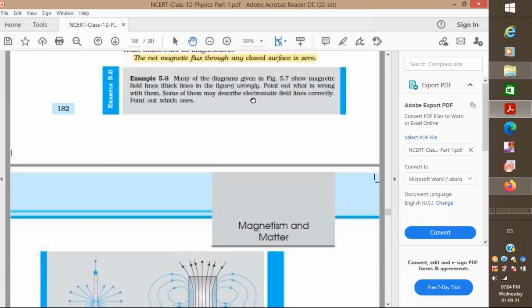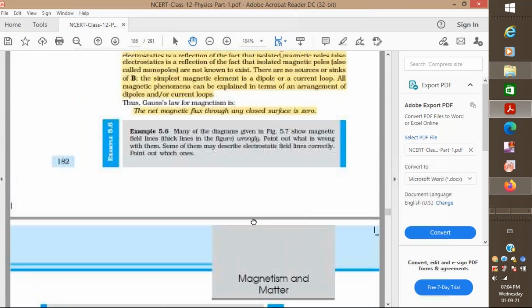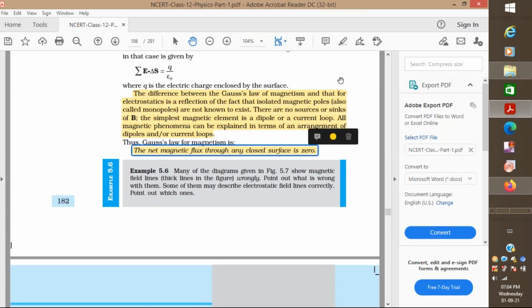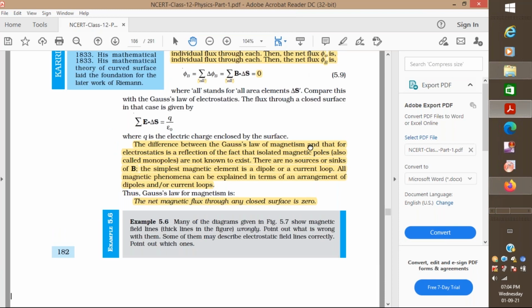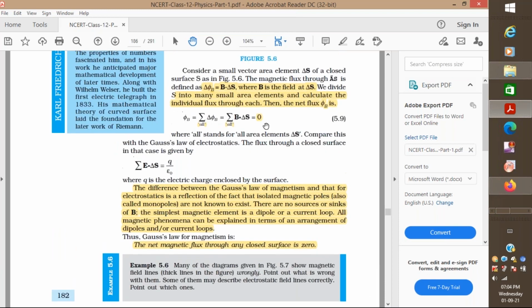Look here. So phi B is zero. This means there is no magnetic monopole existing, because Gauss's law states that the flux, whether magnetic or electric, should be equal to the charge enclosed by the surface.